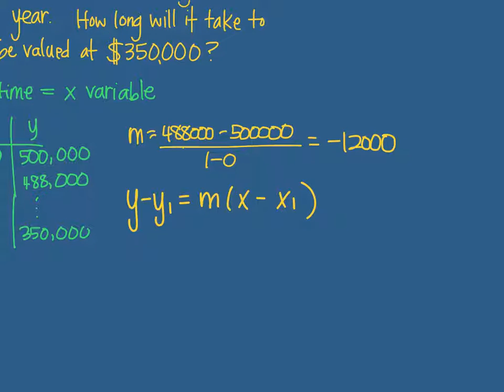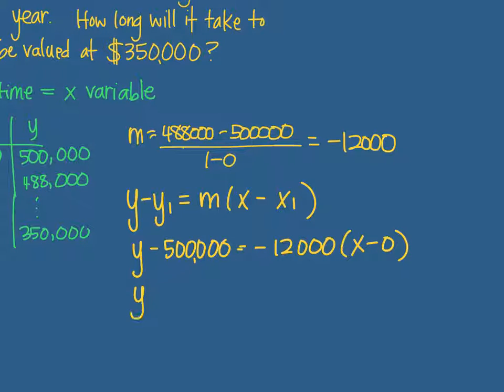And we plug in the slope we just found along with the y1 and the x1 variables. So y minus 500,000 equals the slope of negative 12,000 times x minus 0. And I distribute. So I get y minus 500,000 equals negative 12,000x.